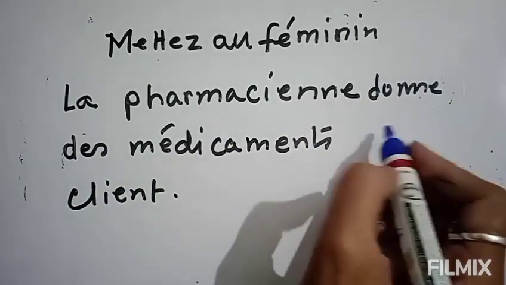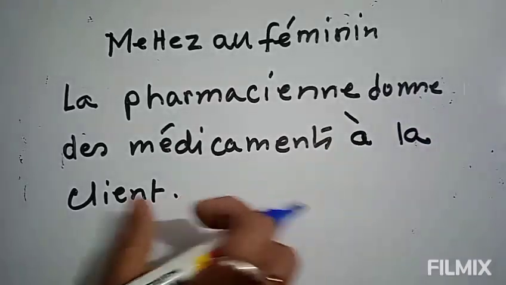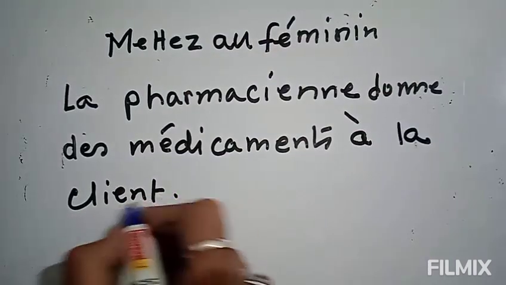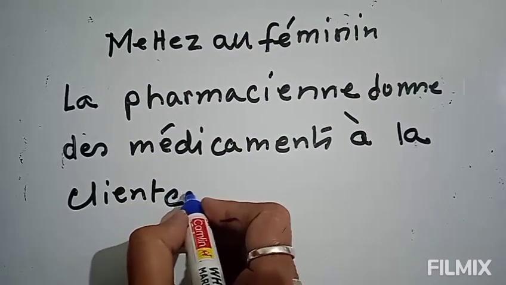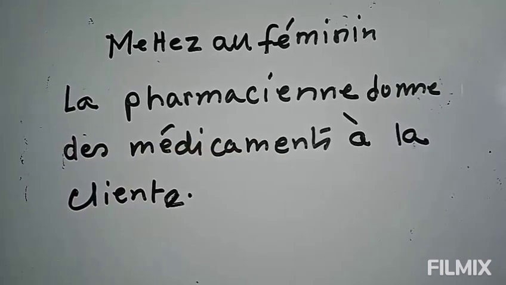Au, article contracté, will be feminine, à la. Client will be feminine, so article contracté will also be feminine. La cliente. Okay, an extra E to be added. So your complete answer is la pharmacienne donne des médicaments à la cliente.